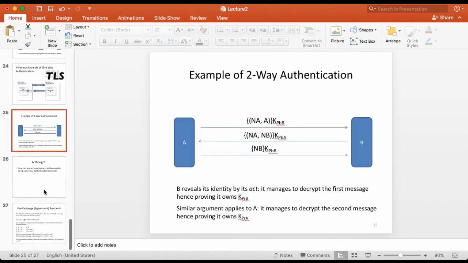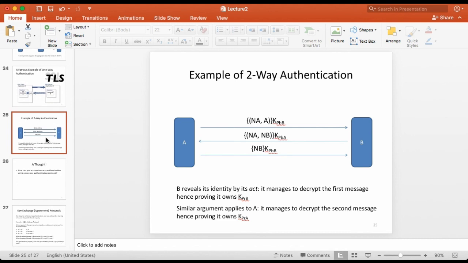On the other hand, you do also have things like two-way authentication, and here is a simple example of a two-way authentication between A and B. We achieve this two-way authentication by using asymmetric cryptography, and basically we encrypt using the public keys of the other side.